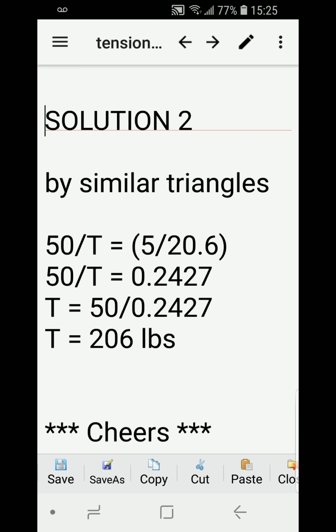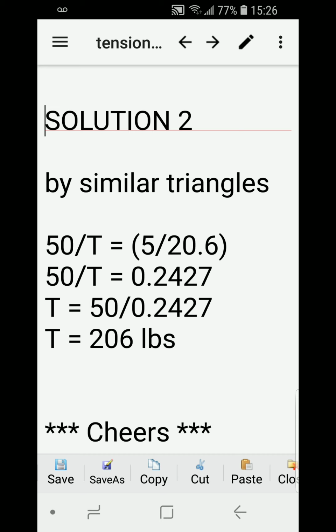Our opposite side is 50, that's the 50 pounds, divided by the tension, and the corresponding length is equal to 5 feet divided by the hypotenuse that we already calculated.